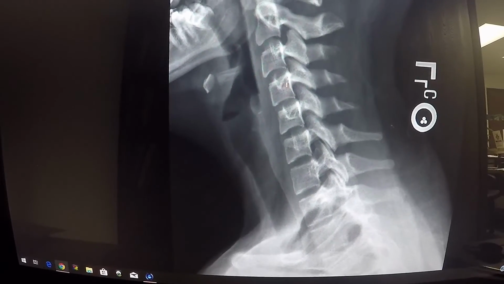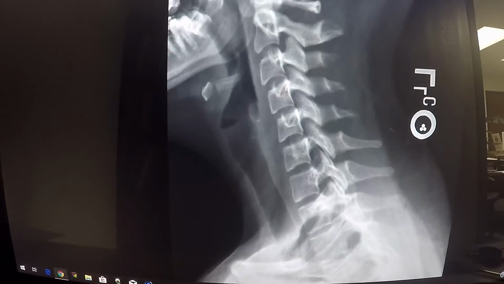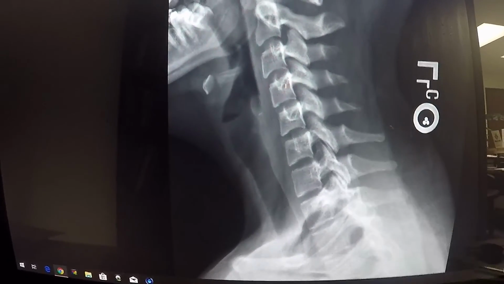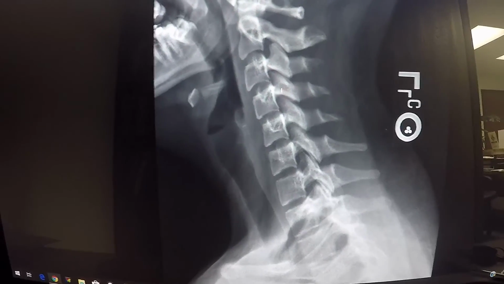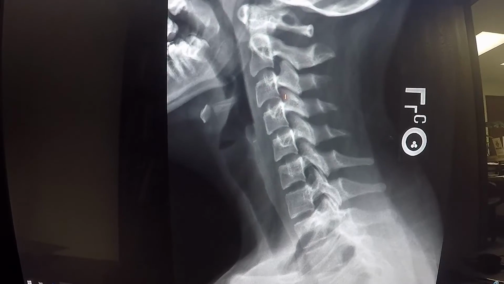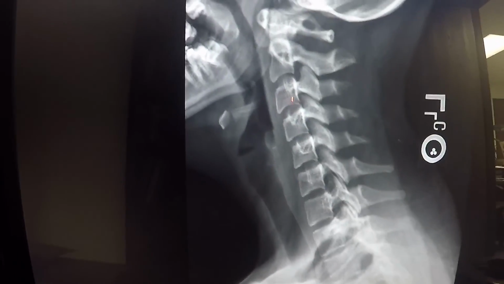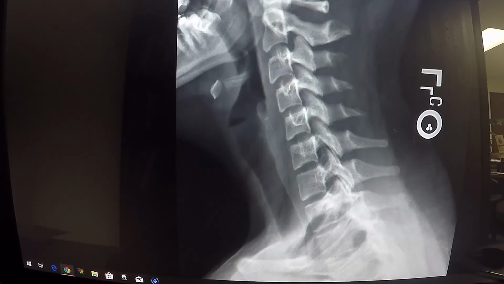But this patient should respond well. They have not developed severe degenerative disc disease yet. They will in the future if this condition does not get resolved. But the incidental finding up here at the atlas is just something to correlate with the other findings, and I'm not going to be adjusting them at the atlas area.